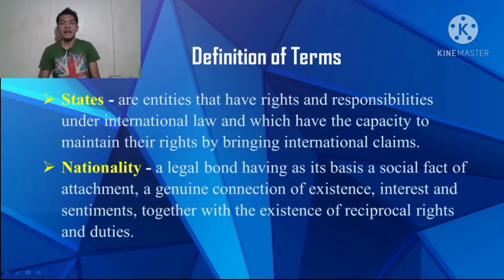Now we will tackle the definition of terms. First, what is a state? States are entities that have rights and responsibilities under international law. What do we mean by international law? It is the agreement between countries, and it serves as humanity's fundamental goal to achieve peace and prosperity.